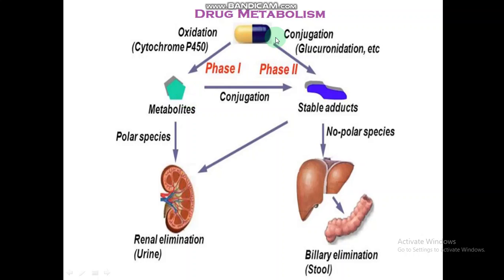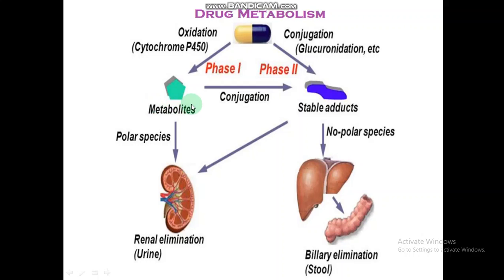The second pathway is the conjugation of our drug, either glucuronidation or some other conjugation of groups with our medicine, so that it can be solubilized in water, becoming more aqueous or more hydrophilic, so that it can be excreted through renal elimination or urine. The compounds which are more polar will be excreted through urine, and the renal elimination pathway will proceed.